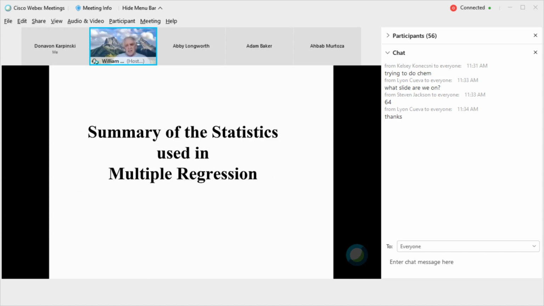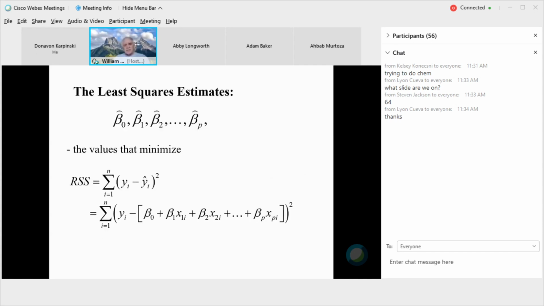These are the statistics that you get from multiple regression. The least squares estimates. These are the values, once you've got the data on X1, X2 up to XP, and the data on Y, Y1, Y2 up to YN. The residual sum of squares is when you pick values for beta naught, beta 1 up to beta P, and use those values to predict the value of Y from the values of X1, X2 up to XP.